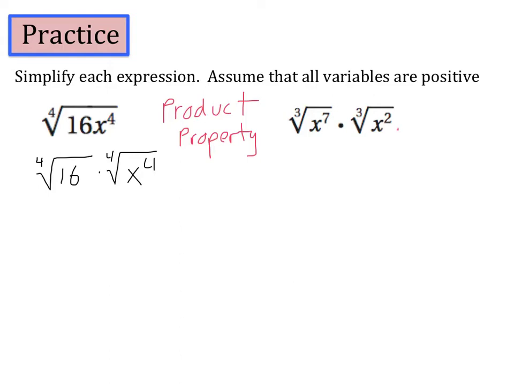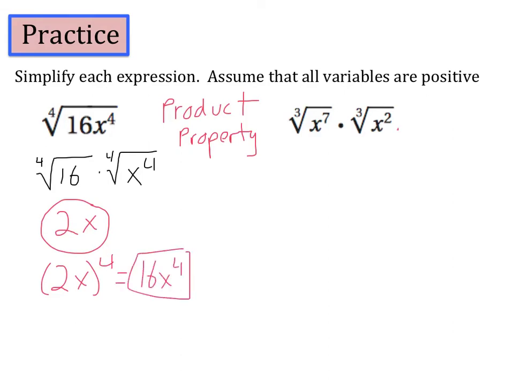The fourth root of 16 is just 2, and the fourth root of x to the 4 is just x. Which makes sense, because if I did 2x raised to the fourth, I would have 16x to the fourth. So this is our answer.